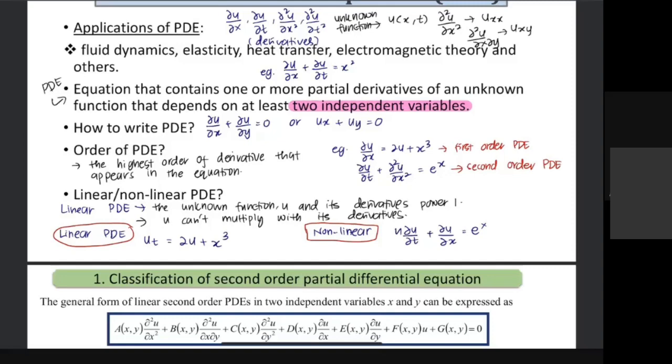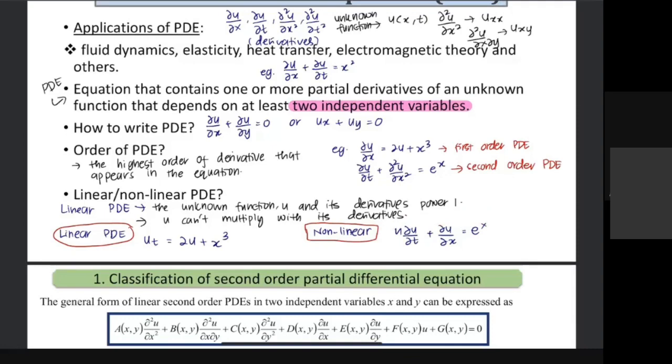Look at this example: we have Ut and also U, both power 1. If you have U square, then it is nonlinear. For this other example, it is nonlinear because U is multiplied with its derivative. So this equation is a nonlinear PDE.